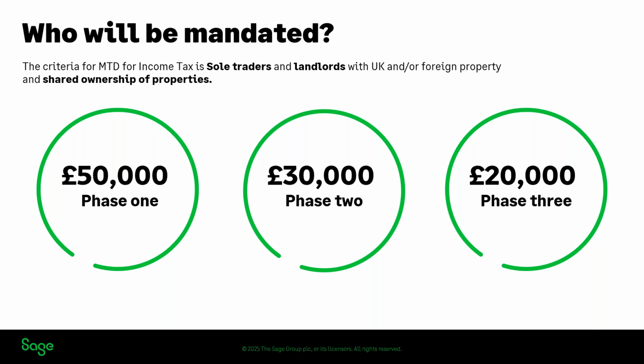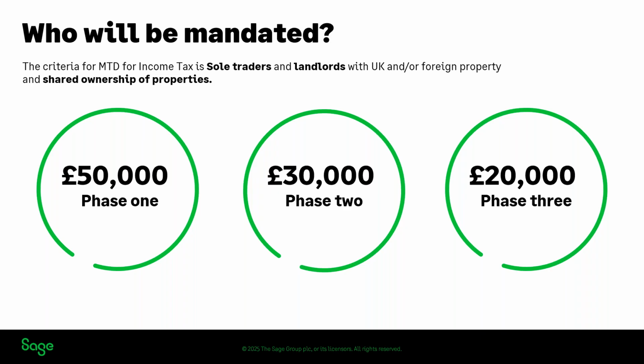Now, you could be both a sole trader and a landlord, so therefore it is the combined income before expenses. A key point to note here is that if you get any income from a jointly owned property, it is just your share of the property income that will count towards your qualifying income.